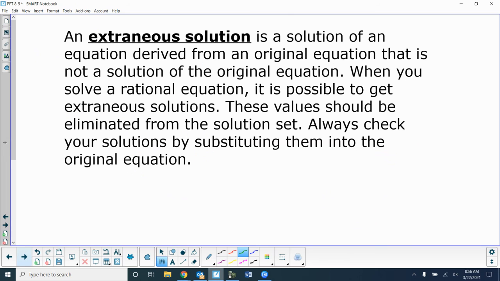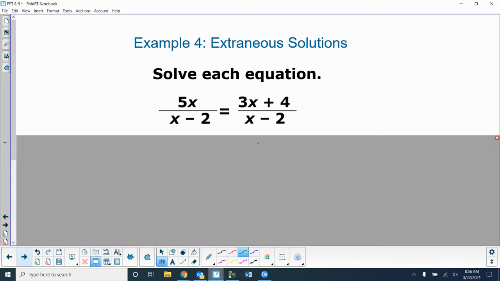Okay. Did I not turn this back on? Okay. So again, we talked about extraneous solutions, right? So you're checking to make sure your answers work. Okay? Now, what is that? Same denominator, right? We could cross multiply, if there's only one denominator.